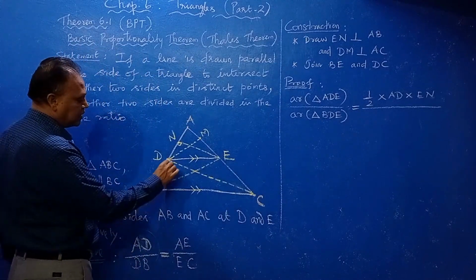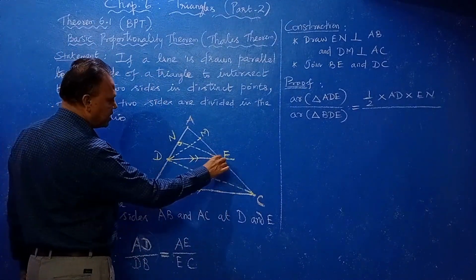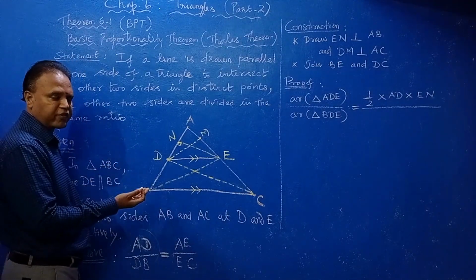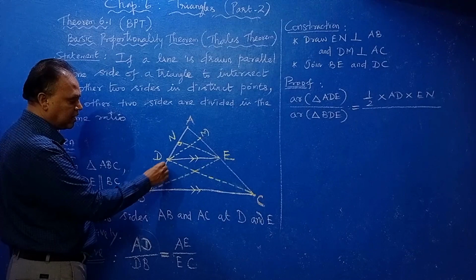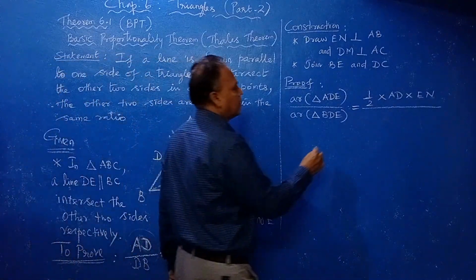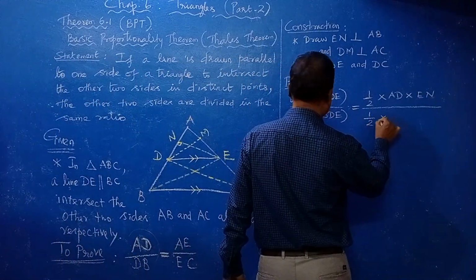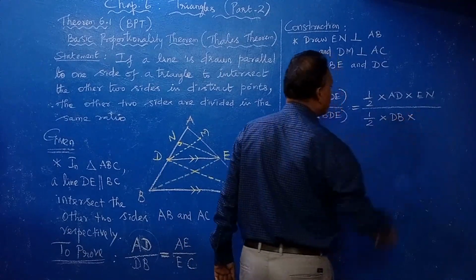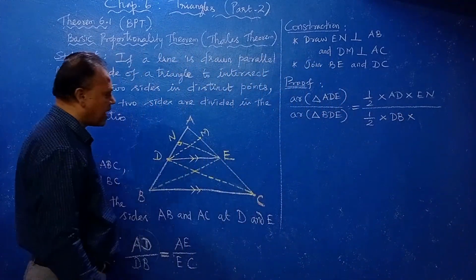then you come to this triangle BDE. Same formula, the area of triangle formula is half into base into height. So half into the base is BD or DB also you can write, into what is the height?